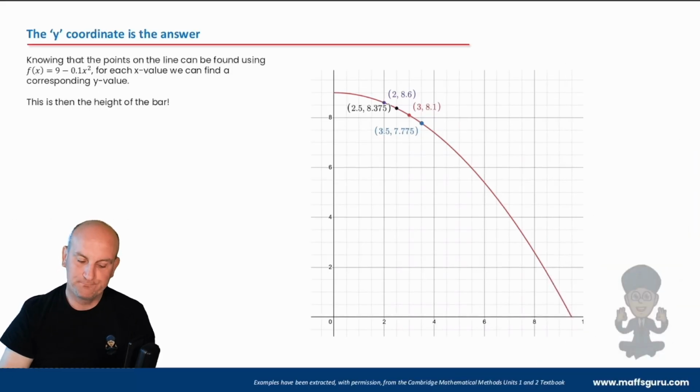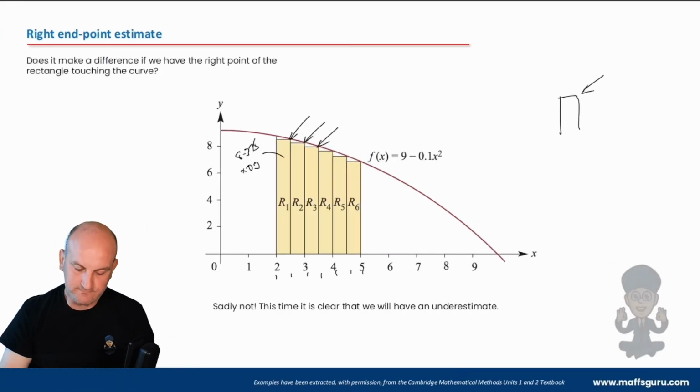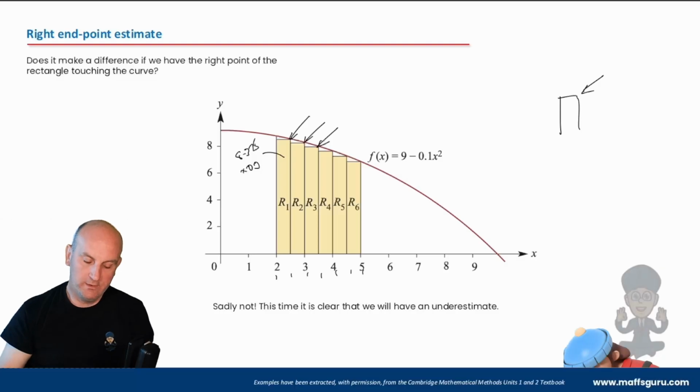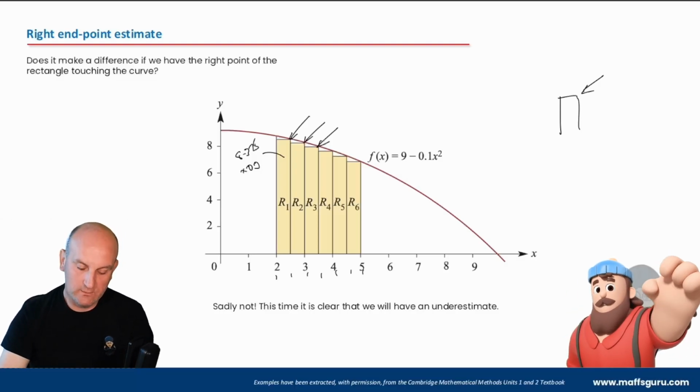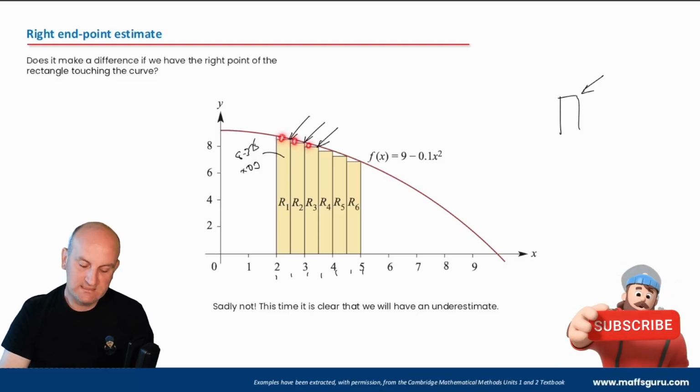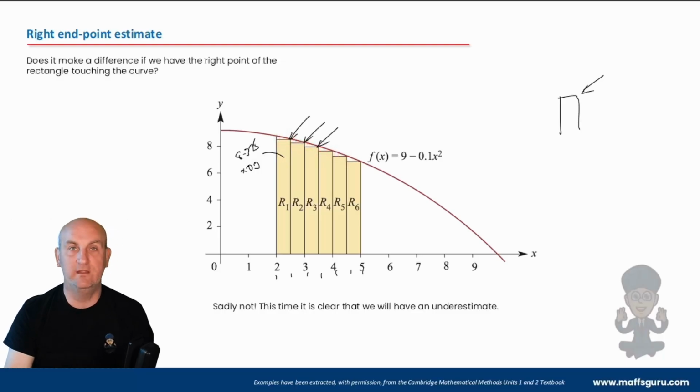All right, now again, do you see the next problem? Because if I use the right endpoint estimate, is it going to be accurate? No, not again. And actually what we see here is that now it's going to be an underestimate because we've got all these little areas under here that are going to cause an underestimate.